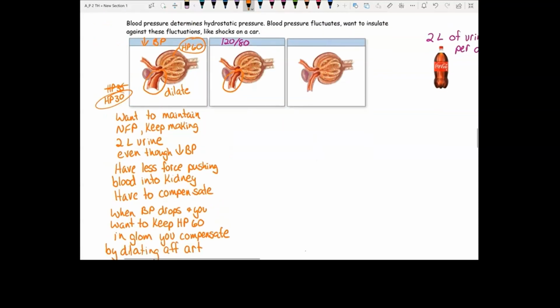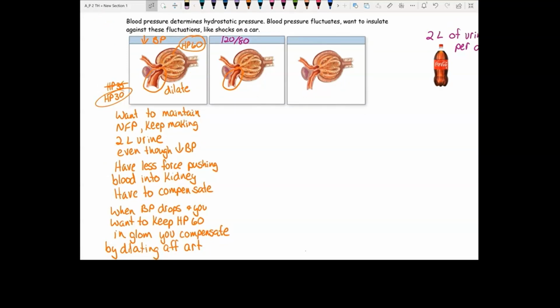Notice the efferent arteriole didn't change. It's still the same. So you're making an even bigger entrance, but keeping your exit the same. So you're going to create even more of a traffic jam in the glomerulus, and that'll get that pressure raised up to 60.